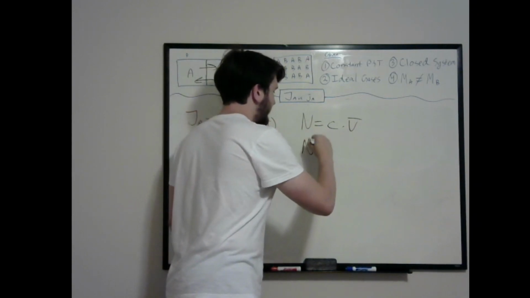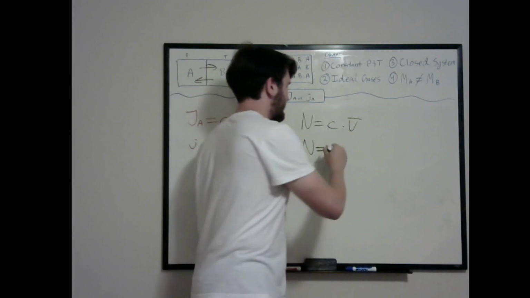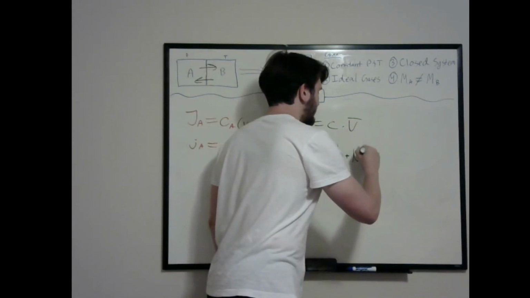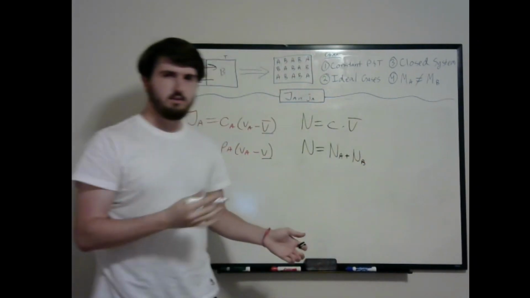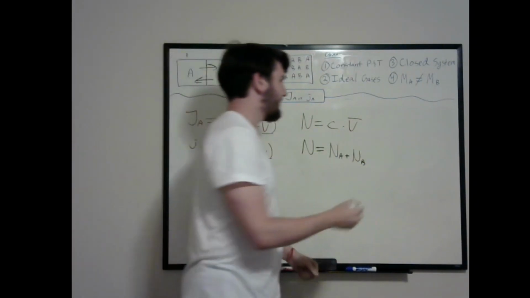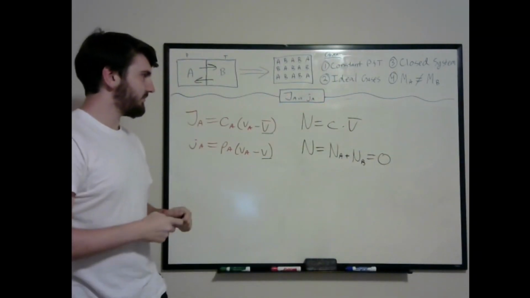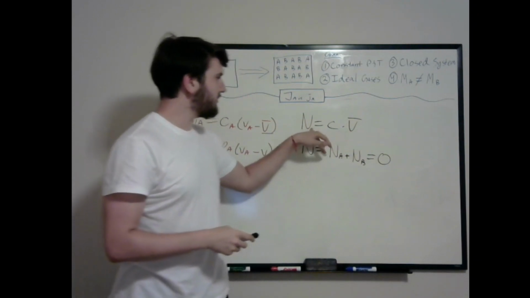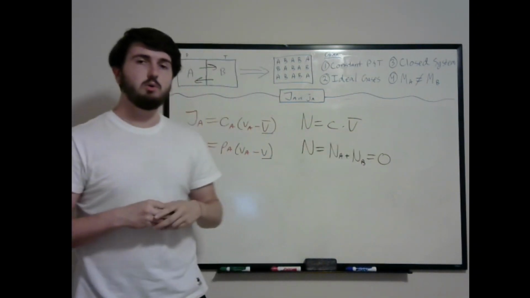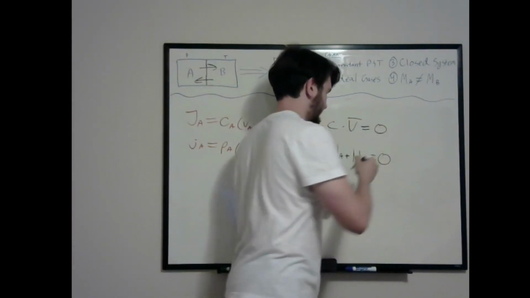So with that, we can actually find the molar flux, because that is just the sum of the molar flux of A and the molar flux of B, which, since they're going at each other, will just end up equaling 0. With that, we know that the molar concentration times the total molar average velocity will also equal 0.